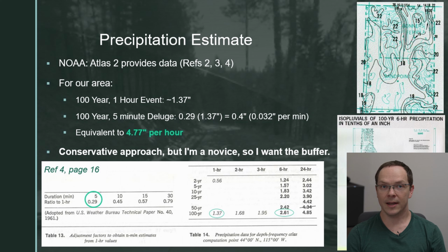For our area, a 100-year, 1-hour rain event is about 1.4 inches, and I found where the 100-year 5-minute deluge would be. The way that works is it's a percentage of the hour, and so for us it'd be 0.29, which means roughly 1/3 of the 1-hour rating comes down in 5 minutes.